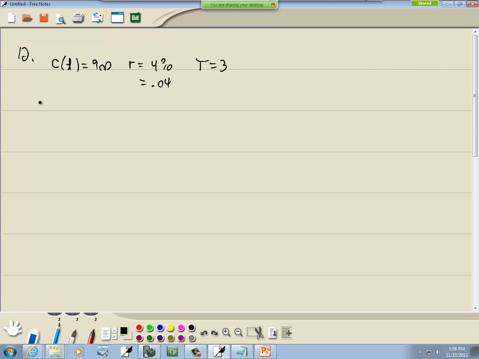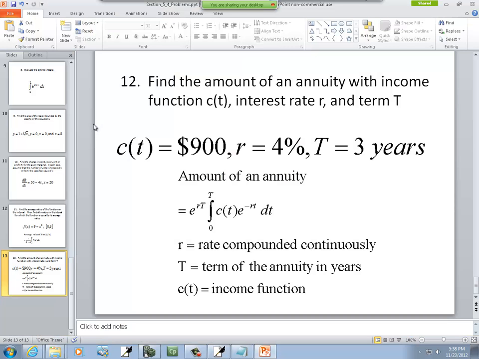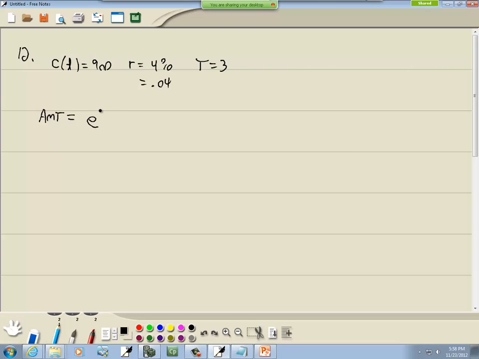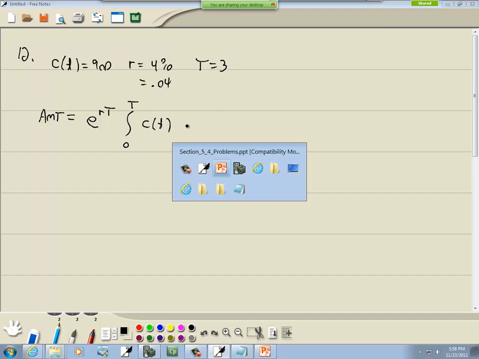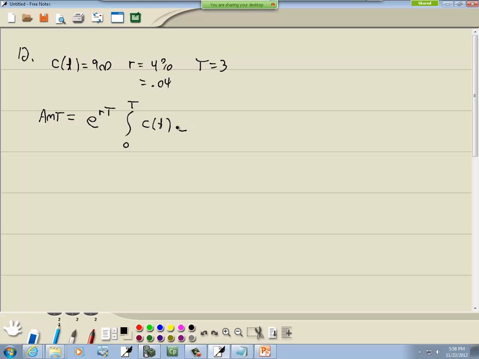So the amount of annuity is equal to e to the R capital T, integral from 0 to capital T, CFT, e to the negative R little t.